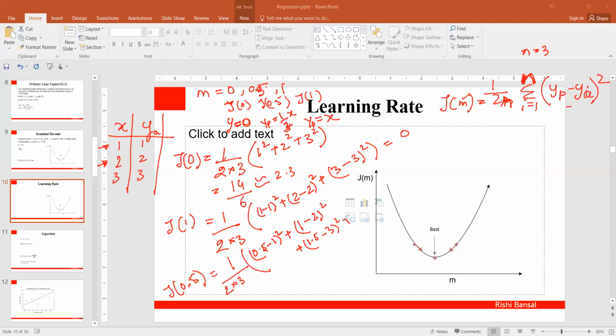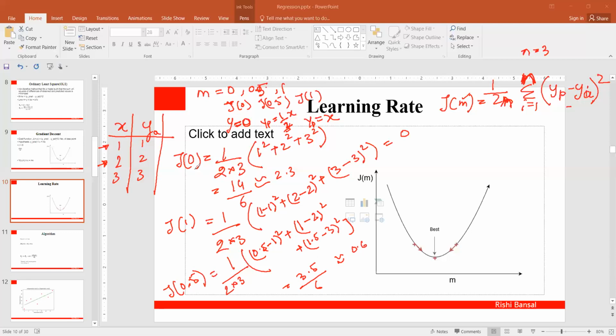Square. When you calculate this, it will come to around 3.5 divided by 6. It will come something greater than 0.6 maybe.